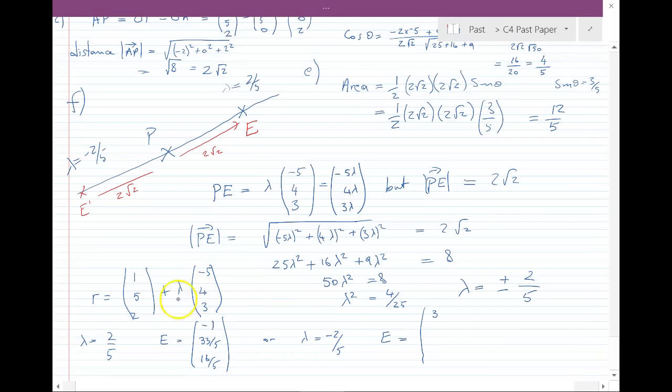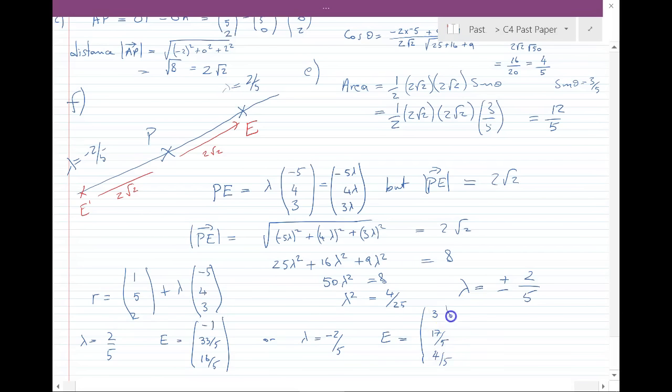Take away 5, that gives 17/5. And then minus 2/5 in here. 3 times minus 2/5 is minus 6/5. Plus 2, which gives me 4/5.